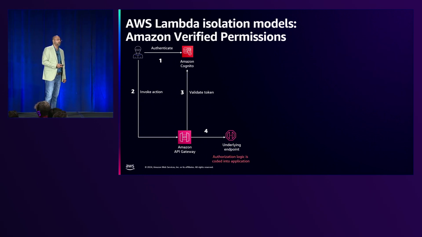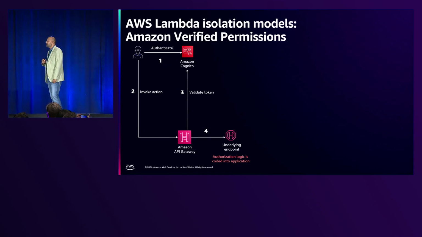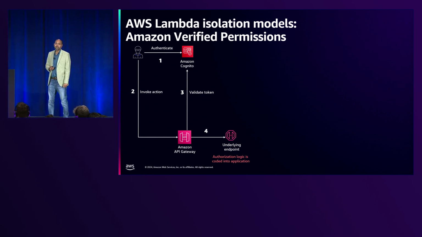And all of this authorization logic with role-based and attribute-based access gets coded within the business logic itself, and that pollutes the business logic over a period of time as the different tenants' requirements around authorization get complicated and complex.